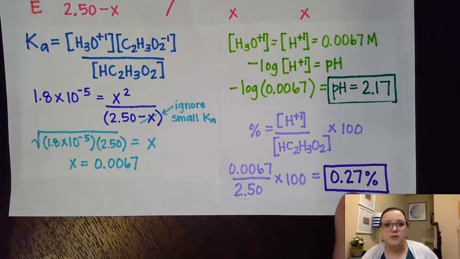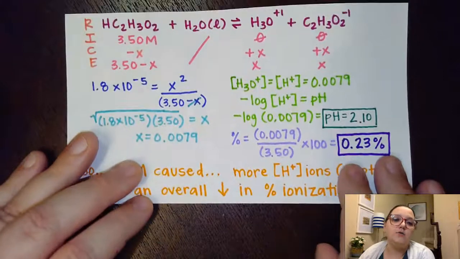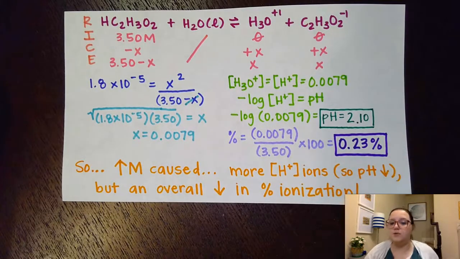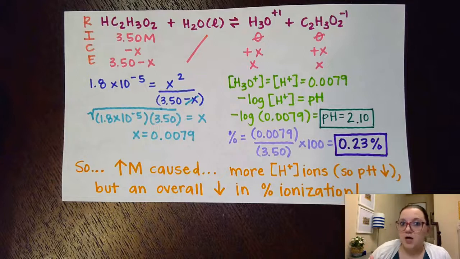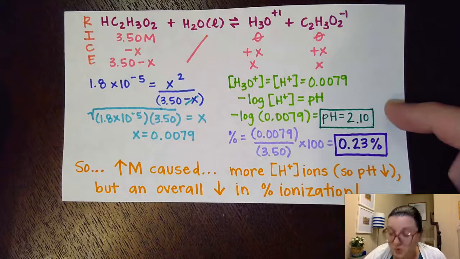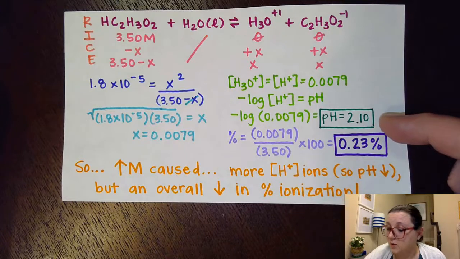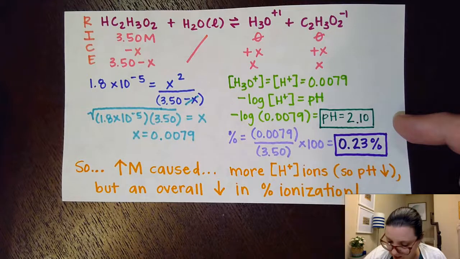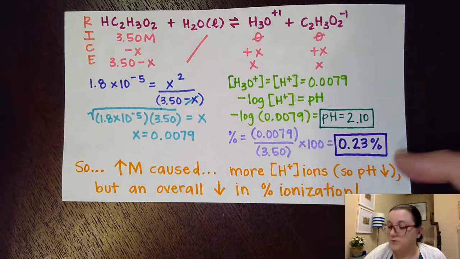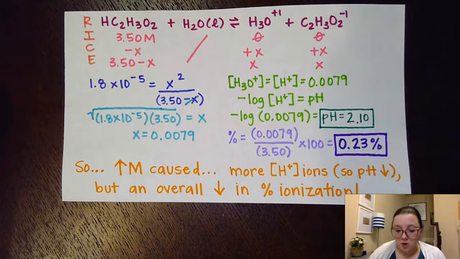So what I did is I reworked this entire problem from the first page, only instead of using 2.50 molarity, I used 3.50 molarity. And you notice that the pH, which was originally 2.17, is now 2.10. The percent ionization that was 0.27% is now 0.23%. So different than what we saw with the 2.50 molar, now that we have 3.50 molar.